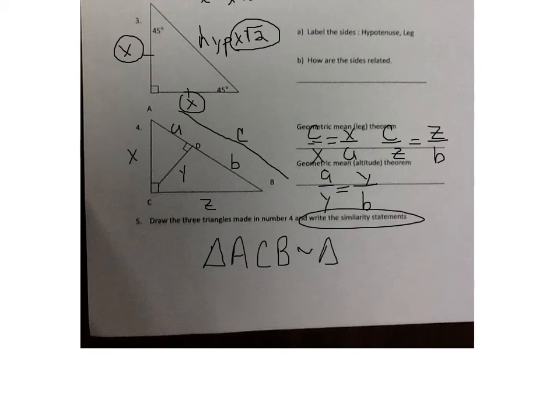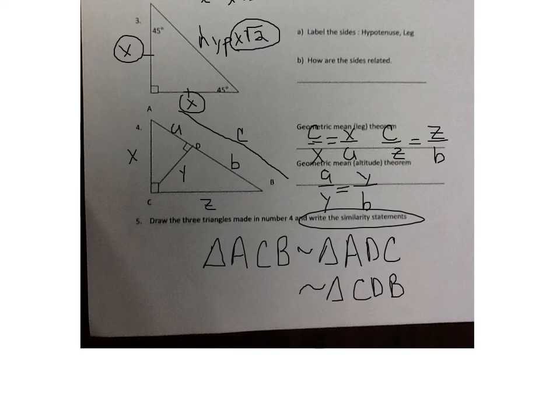The smaller triangle shares angle A with the large triangle, has the right angle at vertex D, and then I'll put in the last angle C. And that's also similar to the medium-sized triangle here. The right angle is in the middle at vertex D. It shares angle B with that first triangle, and then the last angle is angle C. Now, triangle ACB is similar to triangle ADC, which is similar to triangle CDB.